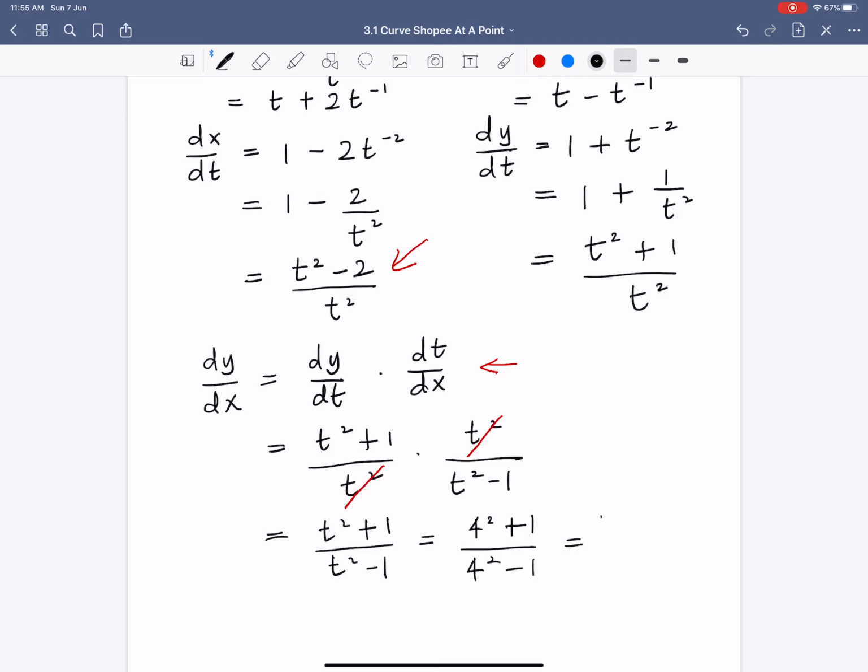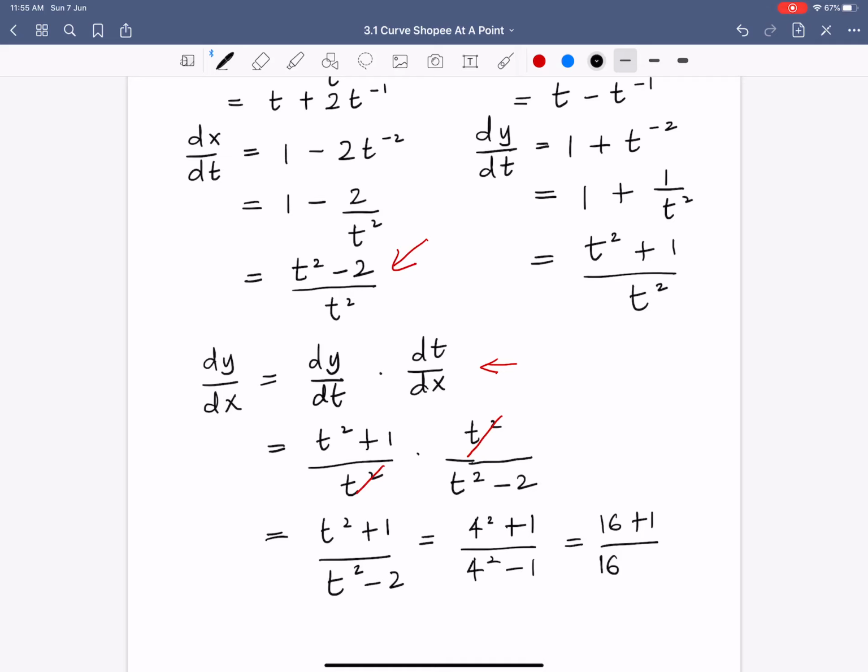Sorry, I made a mistake just now here. This is supposed to be t square over t square minus 2. So we need to make a correction here. So t square plus 1 over t square minus 2.